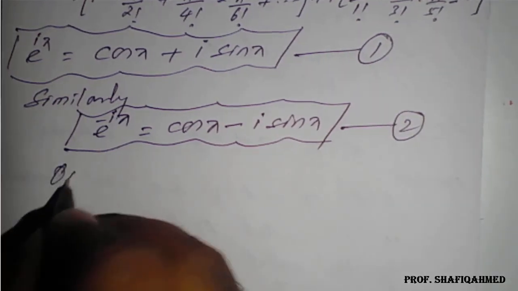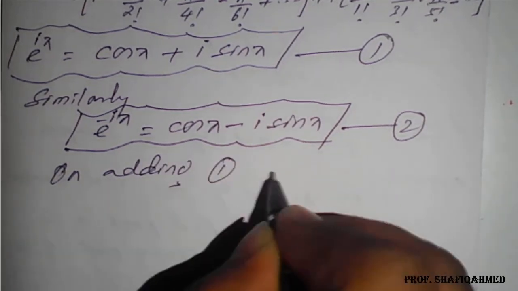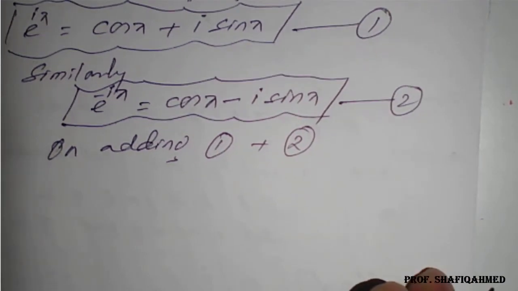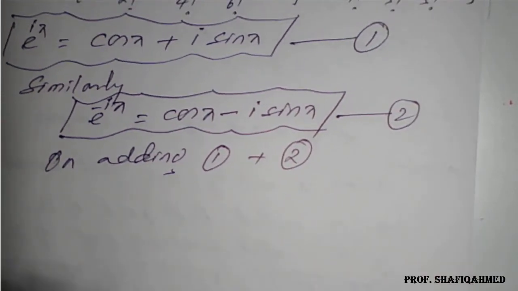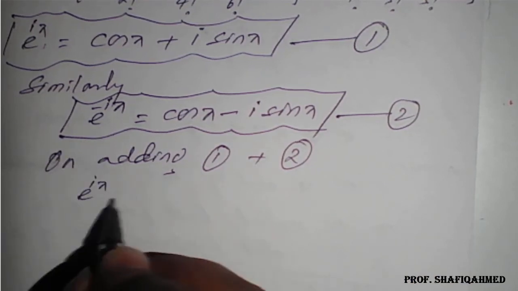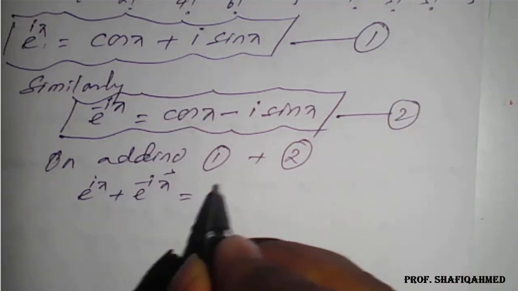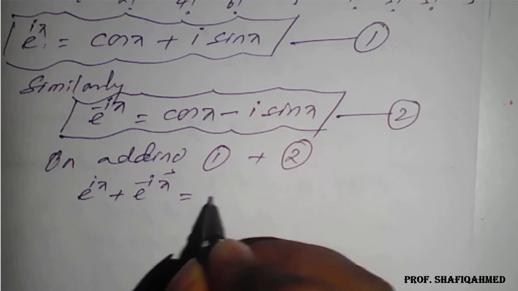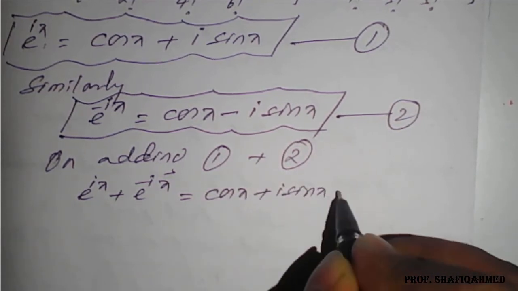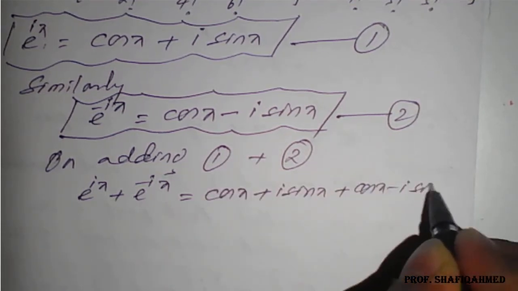So on adding 1 and 2, we'll see what happens. The left hand side will add with the left hand side. So what is the left hand side? e raised to ix plus the left hand side of 2, e raised to minus ix, is equal to the right hand side of 1 plus the right hand side of 2. That is, the right hand side of 1 is cos x plus i times sine x, plus the right hand side of 2 is cos x minus i times sine x.